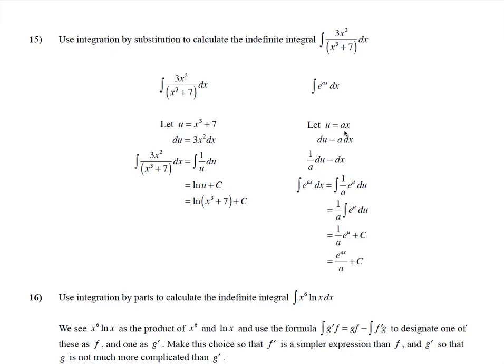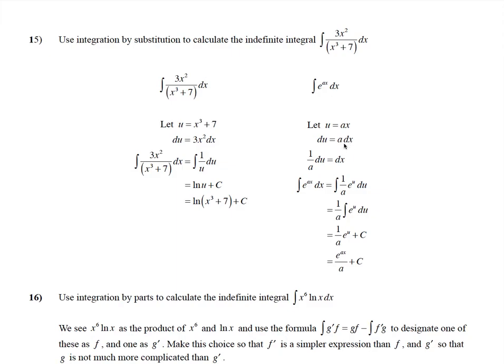So we let u equal ax, and then differentiating both sides, we have du, and a is the derivative of ax, but then we take the derivative of the x, which is dx, so du equals a dx.